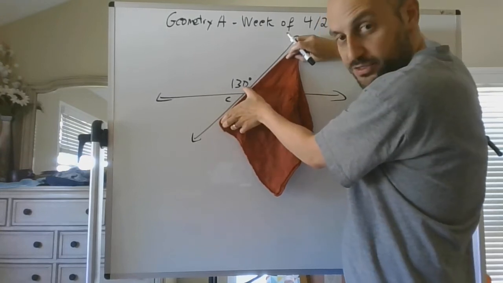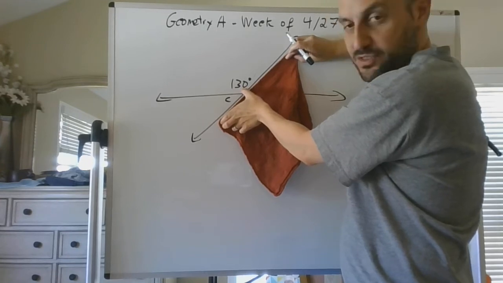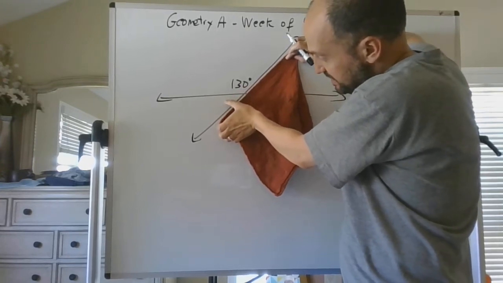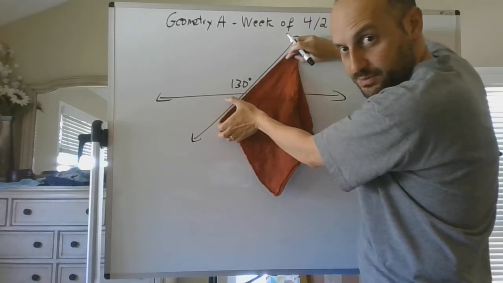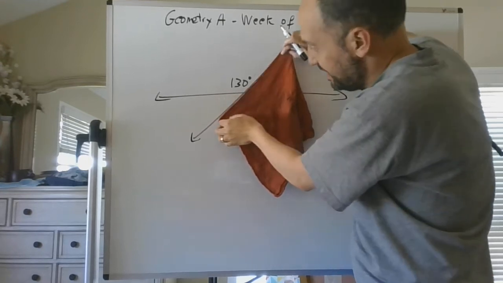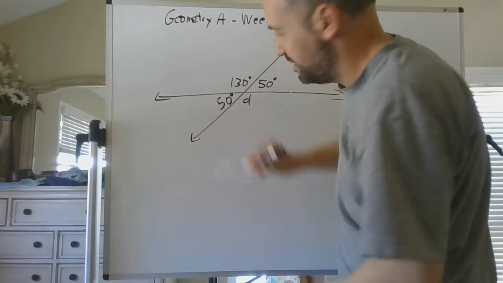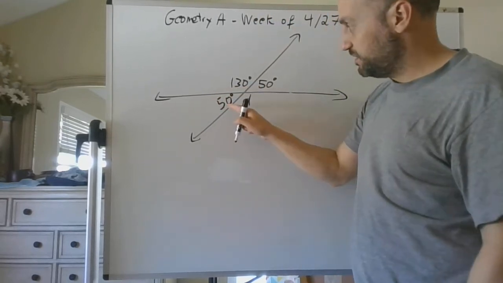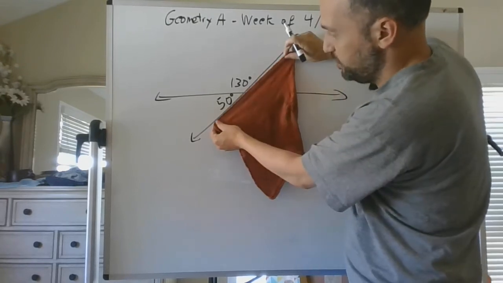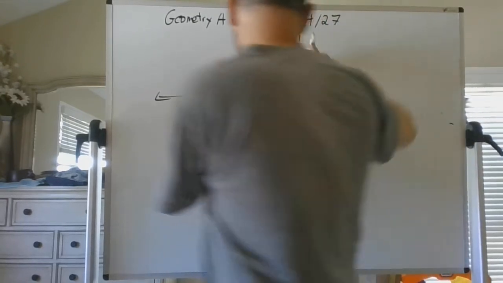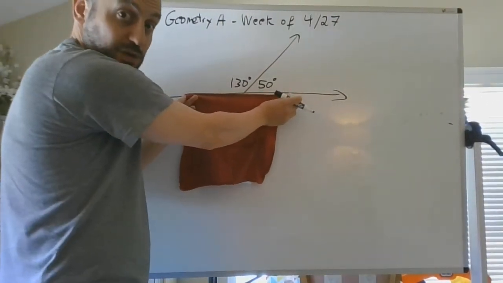This time I have 130 here, so if I do 180 minus 130, that's going to leave me with C. And C, where my thumb is hitting right now, has got to be 50 degrees, because if you look at this line right here, 50 and 130 equals 180. Let's move it here. This line right here, 50 and 130 equals 180.